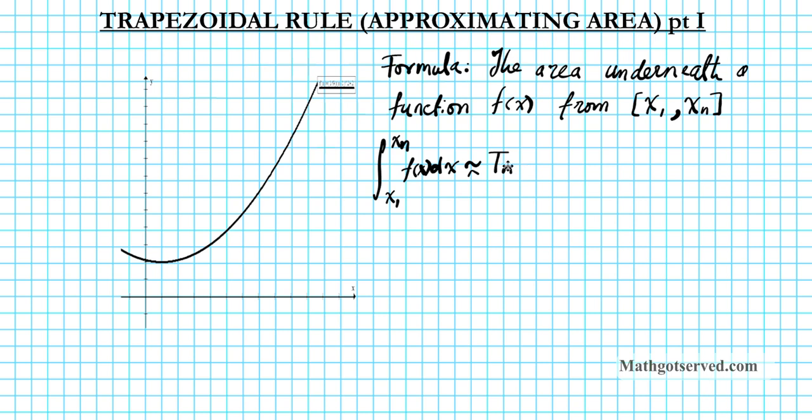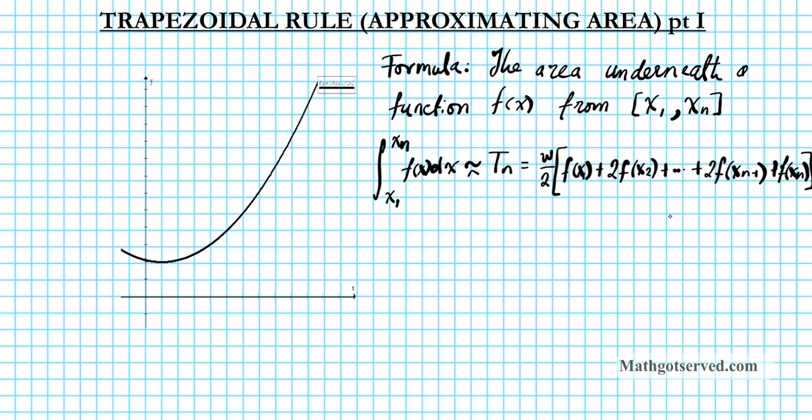And the trapezoidal rule can be given by w over 2, the textbooks use h, times f of x sub 1 plus 2 f of x sub 2 plus, the pattern goes on, plus 2 f of x sub n minus 1 plus f of x sub n.